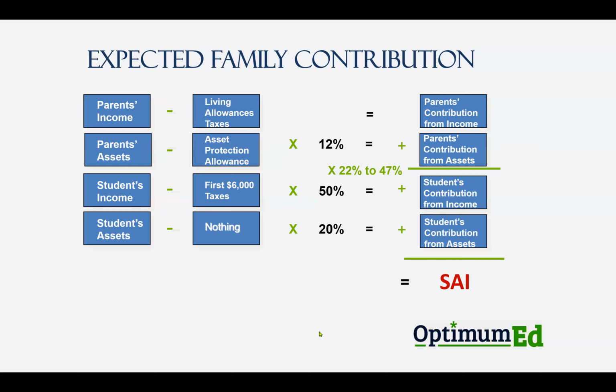And just to give you an idea how the formula works, as I said before, you look at parents' income and assets. There are some living allowances and tax exceptions that are allowed. There's an asset protection allowance as well that is applied, and then a percentage of that number is applied to the formula for the parent's contribution.